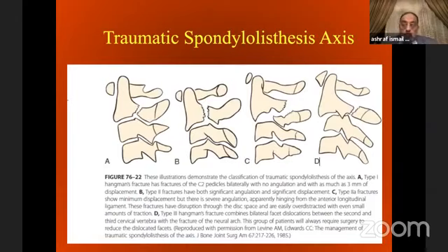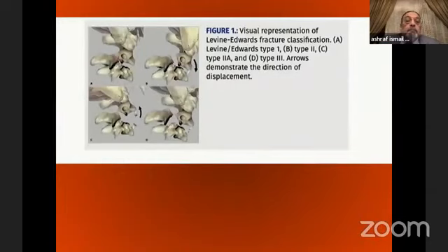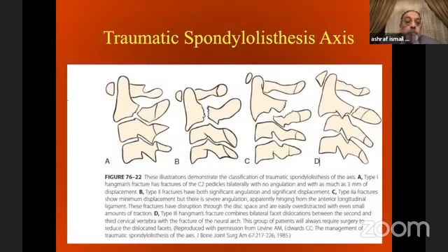When we look at these types, we can see that in type A there is only hyperextension with compression, but the disc in between is intact, so it will not displace more.